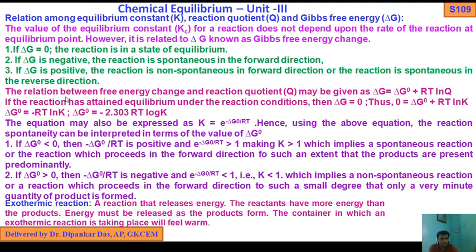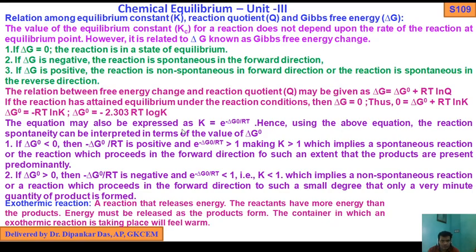Again, the relation between free energy change and the reaction quotient is ΔG equals ΔG0 plus RT ln Q. If the reaction has attained equilibrium under reaction conditions, ΔG is 0, so 0 equals ΔG0 plus RT ln K. So ΔG0 equals minus RT ln K, or ΔG0 equals minus 2.303 RT log K, where ln is converted into logarithm.